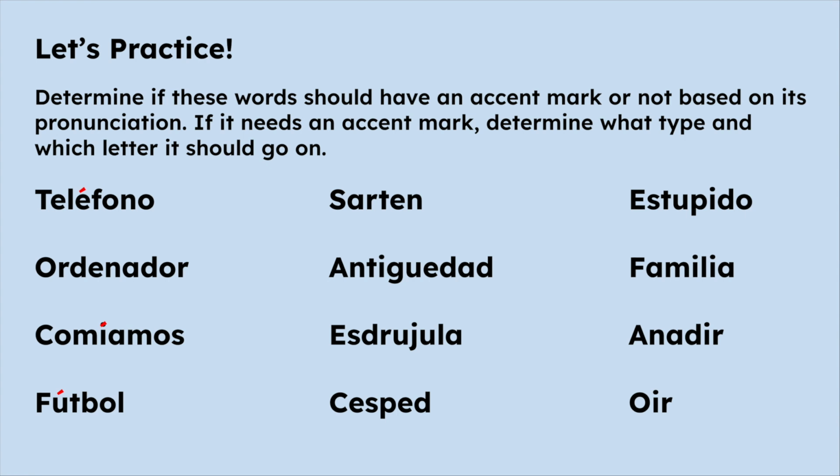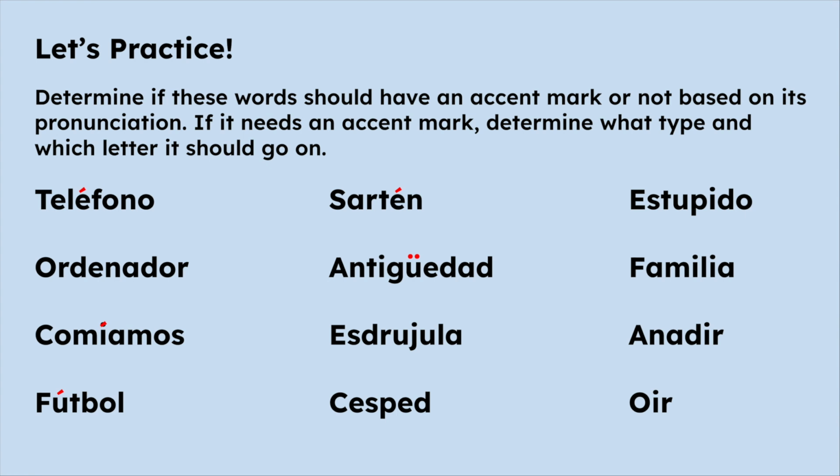Accent on the U because it ends with a non-S or N consonant and the stress doesn't fall on the last syllable. Sartén. Accent on the E. Antigüedad. We need the two dots on the U to show that it's not antigedad, it's antigüedad.